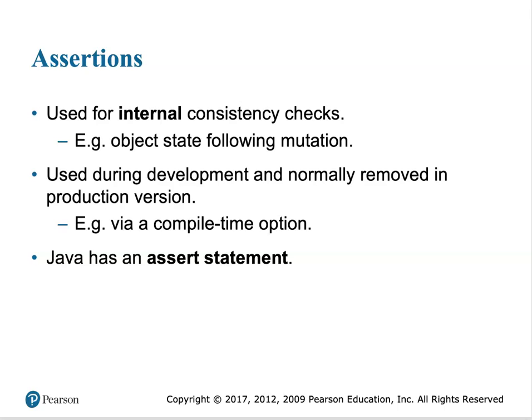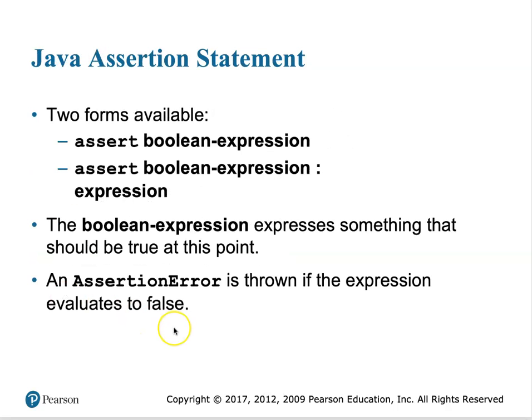So let's take an example. We have different types of assertions. One is where we just assert a statement. It will come back true or false. Or we will assert a statement about some other statement.